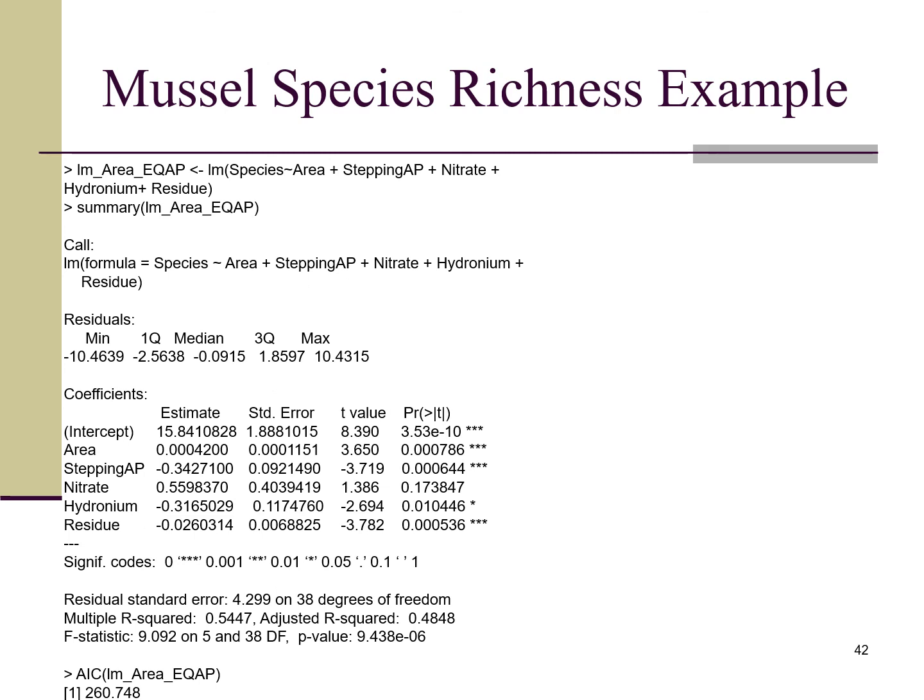So this is what you ultimately have, a model of species as a function of area here at the top line, plus the stepping AP, plus nitrate, plus hydronium, plus residue. And now that we go here, the first thing I look at is the coefficients, and I say, oh, wait a minute.